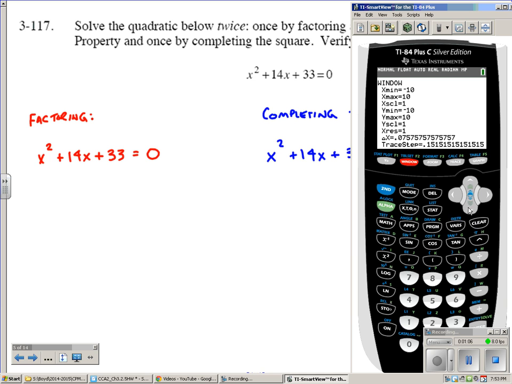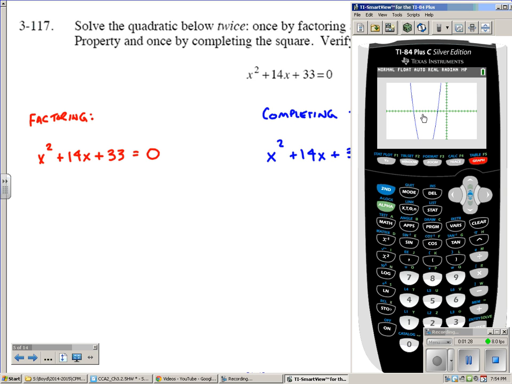We need to adjust our x minimum. We're at -10, but that wasn't wide enough, so let's go -20 and see if that's wide enough. Now we can't see all of our parabola, but that's okay.